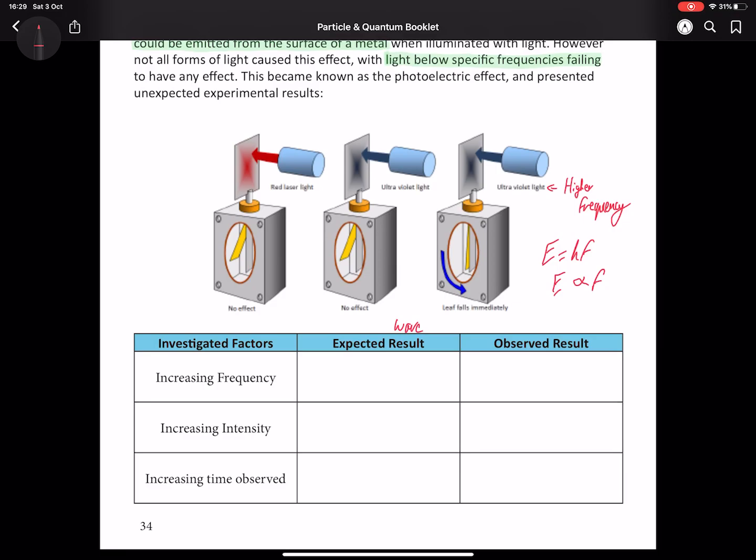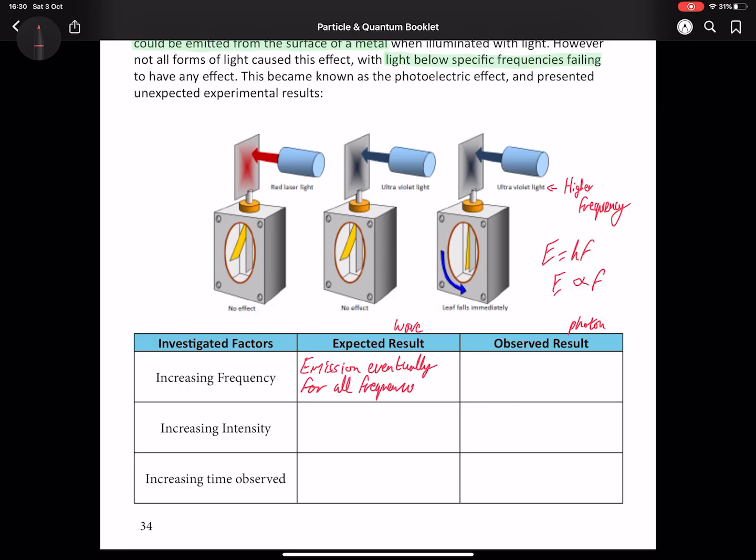So, if we consider first the expected result, being the wave theory, and the observed result relating to the photon model: if we consider increasing the frequency of the light that's shining on the metal surface, it was expected that regardless of the frequency, you would eventually get these electrons leaving the surface.